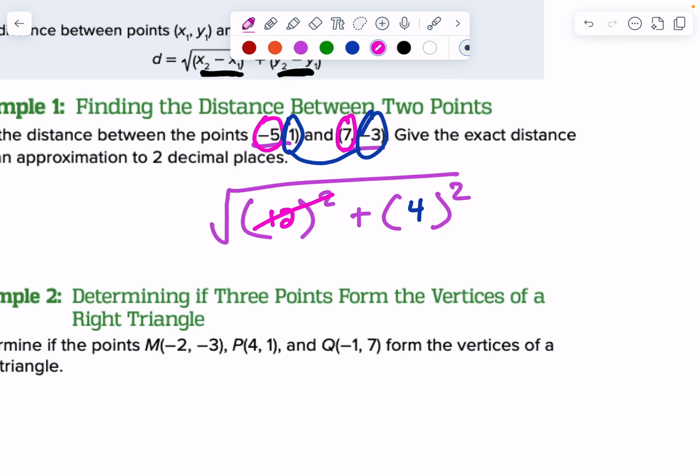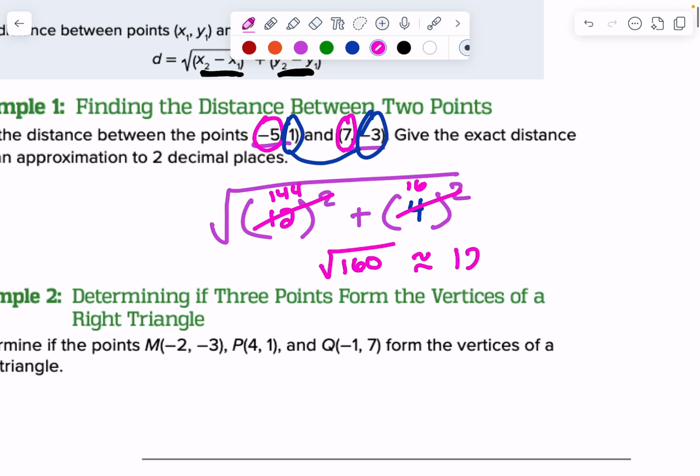So 12 squared is 144. 4 squared is 16. If I add those together, that's the square root of 160, which is approximately 12.65 rounded to 2 decimal places, okay, because they wanted 2 decimals.